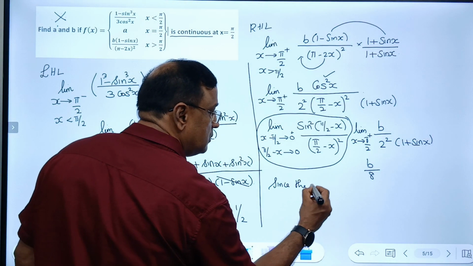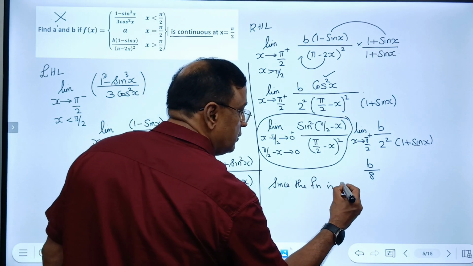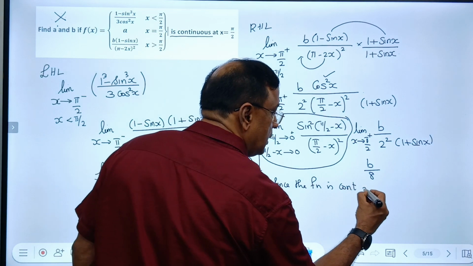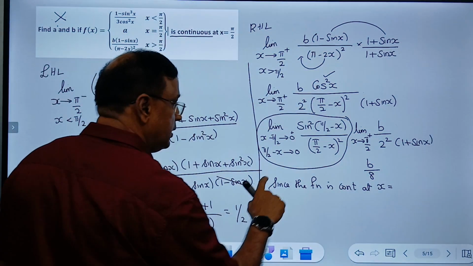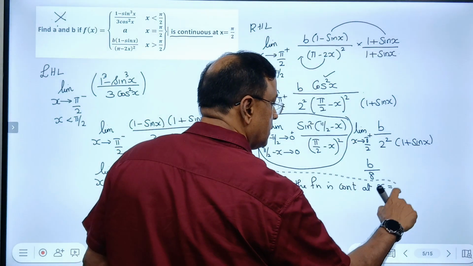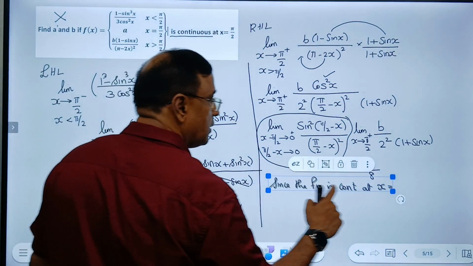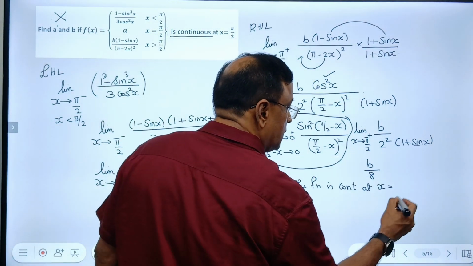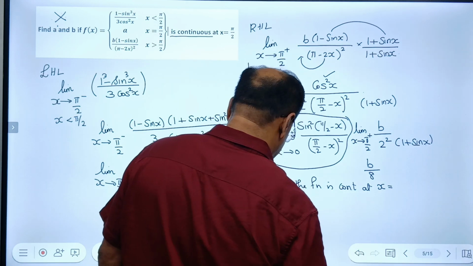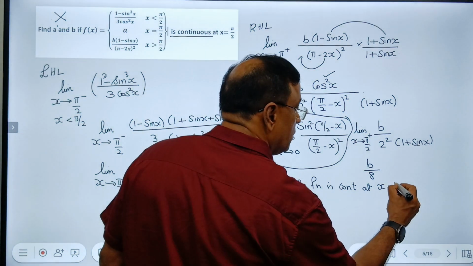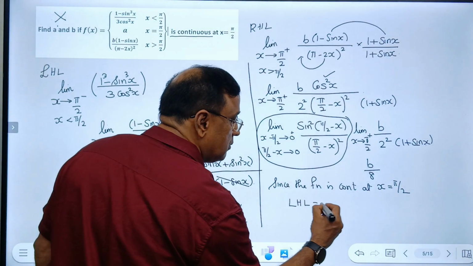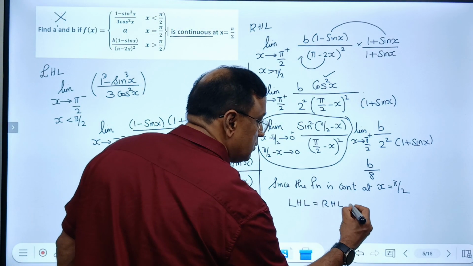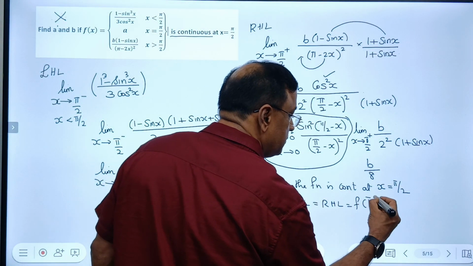Now, since the function is continuous at x equal to pi by 2, I'll just copy this and keep it, I may need it. What do you know? I know that LHL equals RHL equals f of pi by 2.